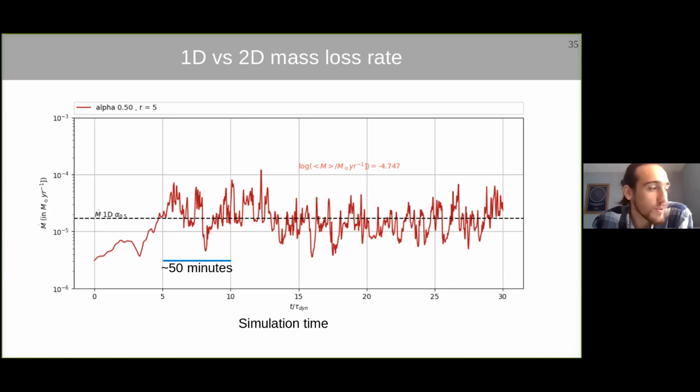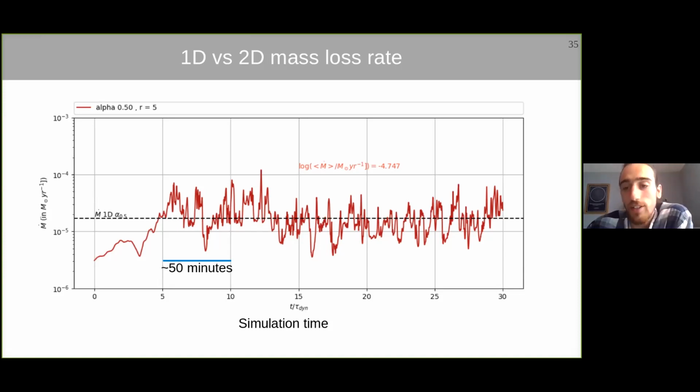One note though: we see a lot of variation in the mass loss rate for the 2D profile, and the magnitude of this variation is, of course, not representative for the full star. We only probe with our 2D model a small part of the stellar surface, or of the solid angle. So the magnitude of these oscillations is of course not to be understood as the actual mass loss rate fluctuations.